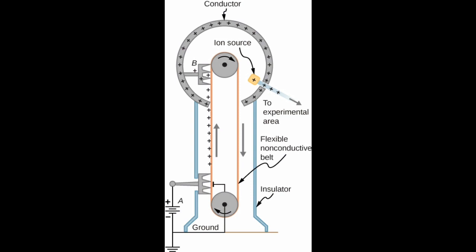The induced electric field at this point is so large that it removes the charge from the belt. This can be done because the charge does not remain inside the conducting sphere but moves out to its surface. An ion source inside the sphere produces positive ions, which are accelerated away from the positive sphere to high velocities.